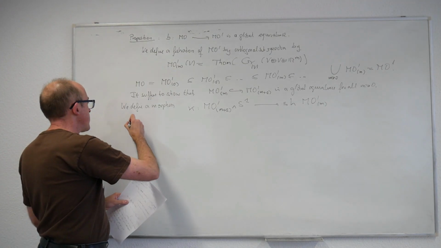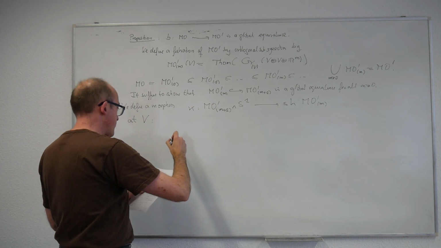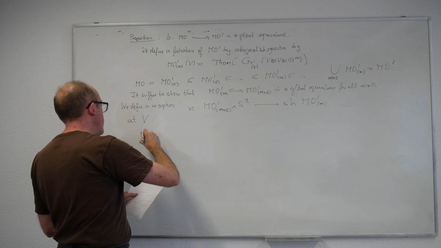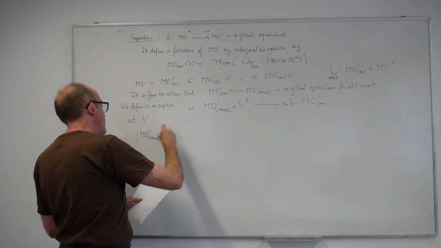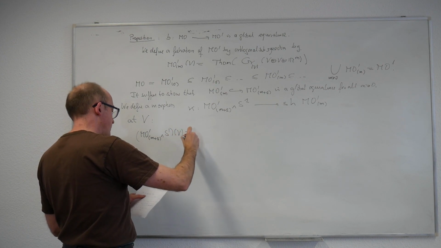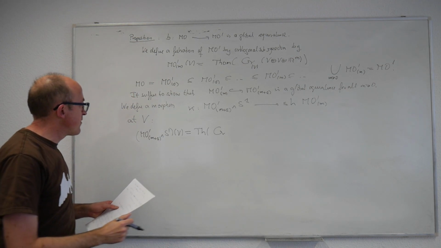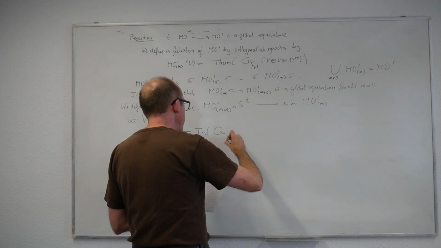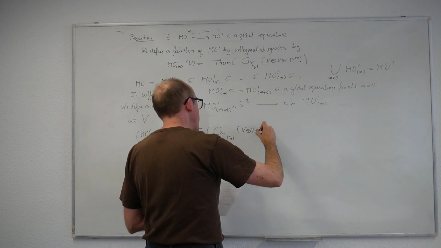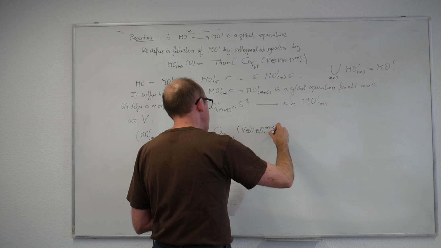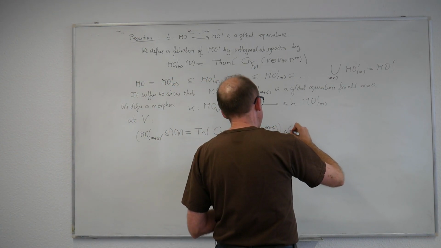And here is how we define it at V. V is in a product space. So here we have to start from MO prime M plus 1 smash S1 at V. So what is this? This is the Thom space of the Grassmannian of V-dimensional subspaces of V plus R^(m+1), and then we have another S1.